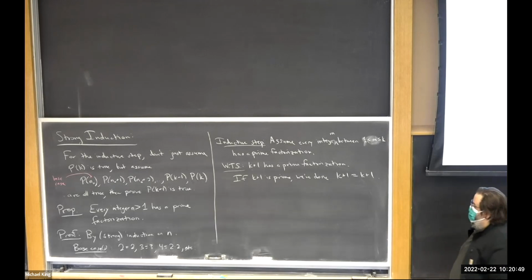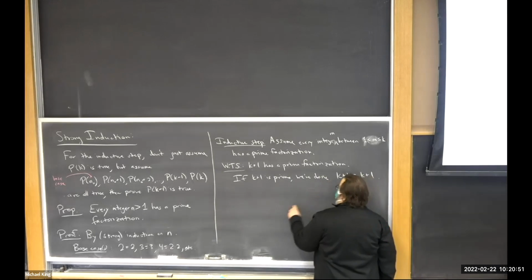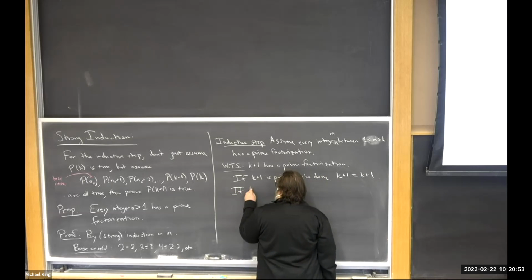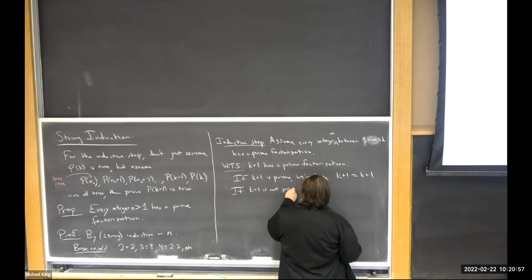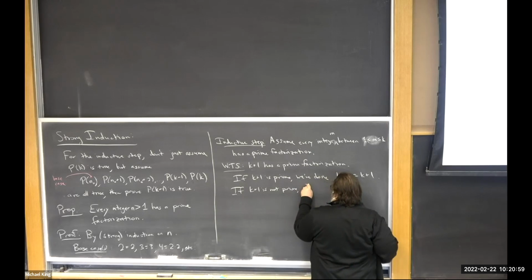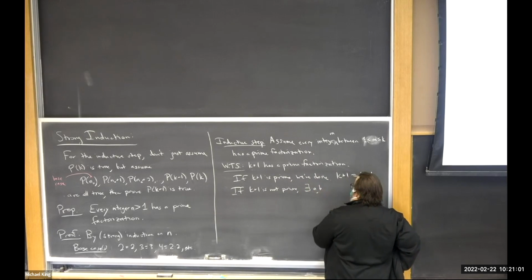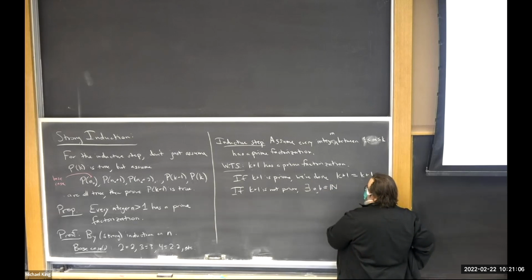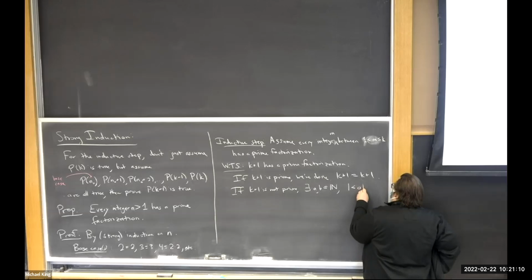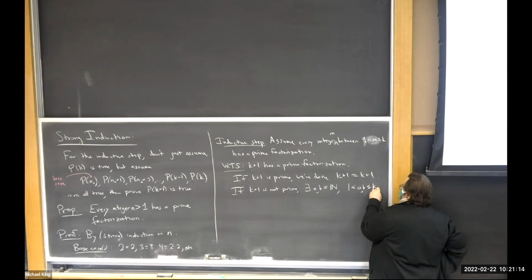If k plus 1 is not prime, then it's composite, and so it factors into 2 smaller numbers, right? There exist a and b in the natural numbers, and actually we should say that a and b are between 1 and k plus 1, right?